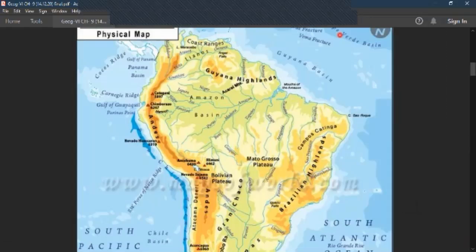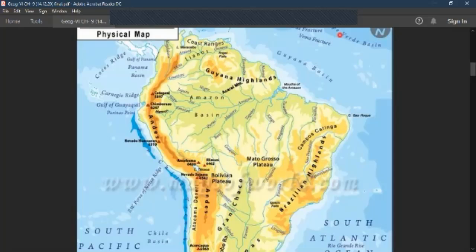The third physical feature is the Central Plains. This region of lowlands or plains, as its name suggests, lies in the center between the Andes in the west and the eastern highlands.